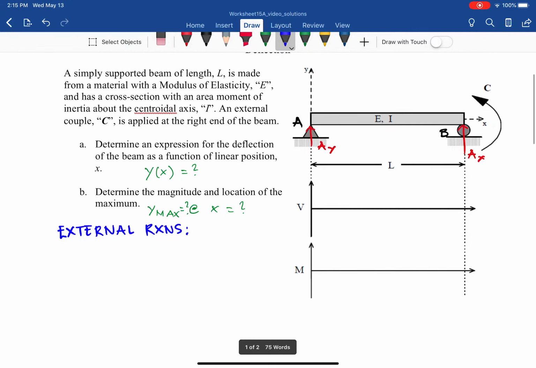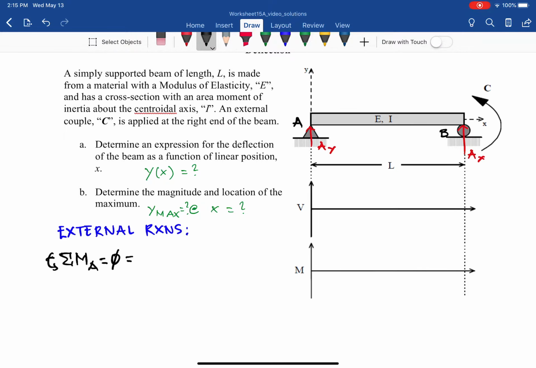Sum up the moments. For example, we want to find the reaction at B, so we take the sum of moments about A, assuming counterclockwise positive, equal to 0.